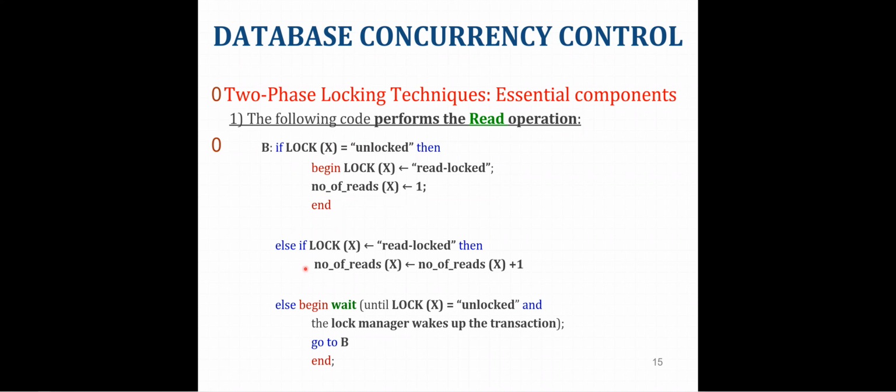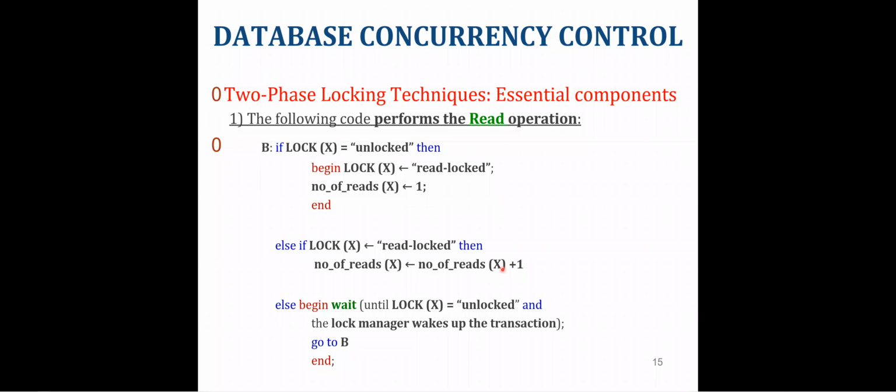What if you check the lock item and you want to read, and you find that the lock item is in the read locked state, so there is another transaction already reading the data item X now? What you will do is just increase the number of reads because you will read with the other transactions.